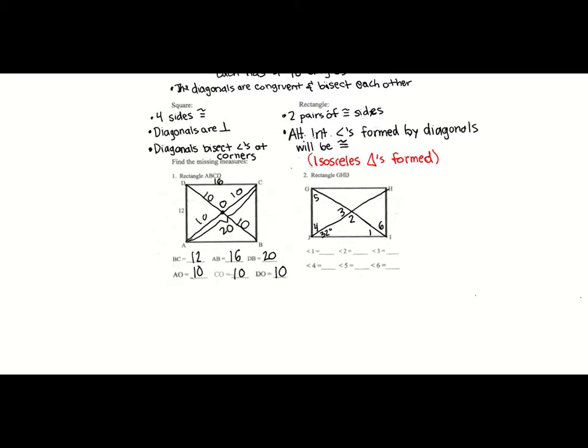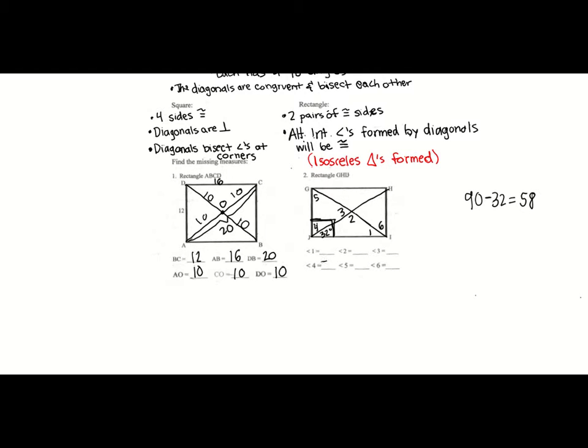First of all, we know that this angle here is going to be 90 degrees. So if this is 32, 90 minus 32 gives us 58.